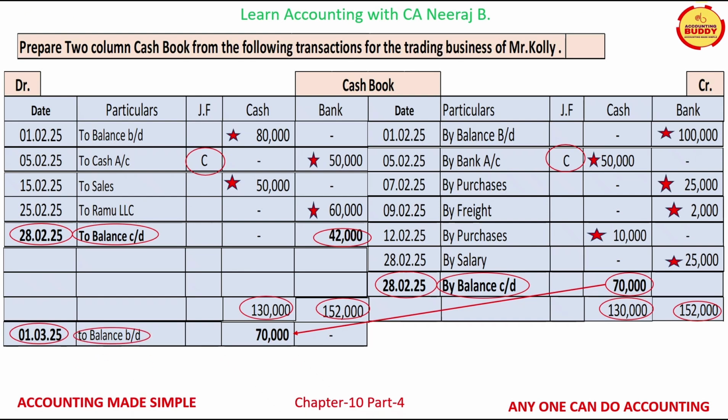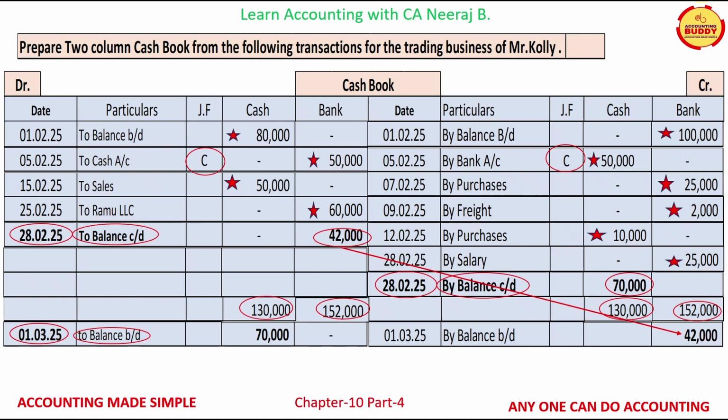Similarly, the closing overdraft bank balance of $42,000 as on the last day of February 25 will become the opening balance of $42,000 as on 1st of March 25 by writing the words "by balance brought down" on the right hand credit side of the cash book.